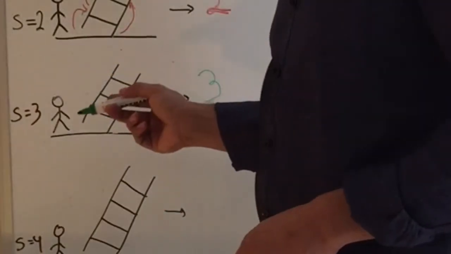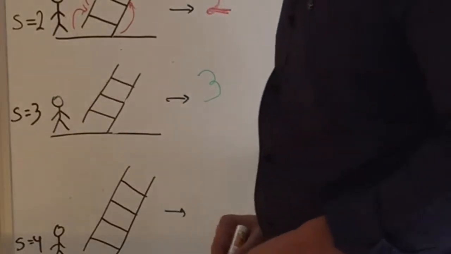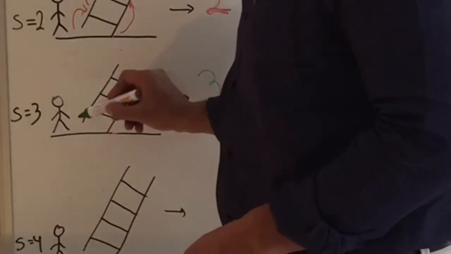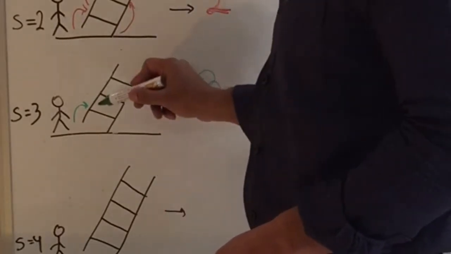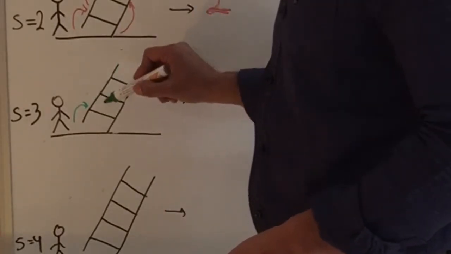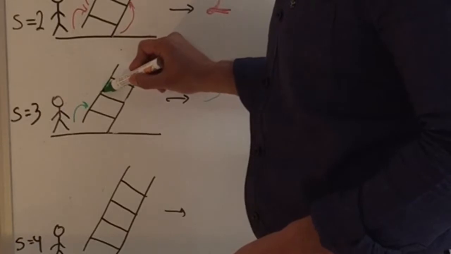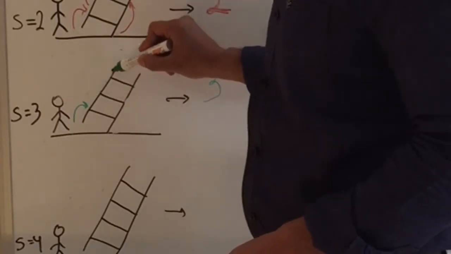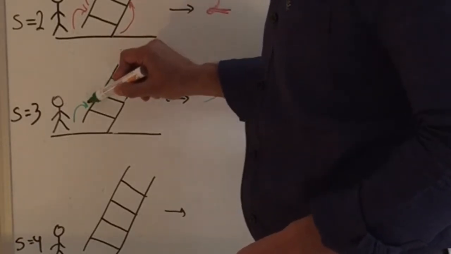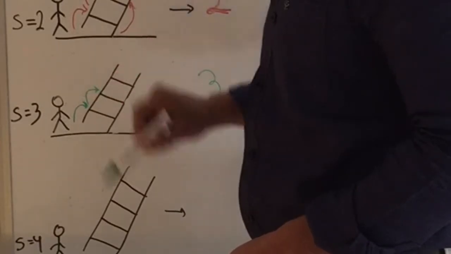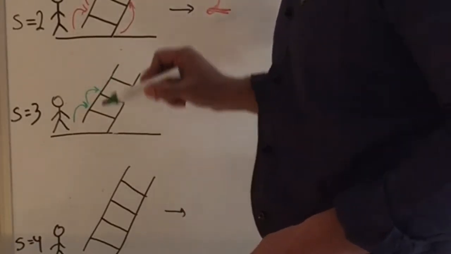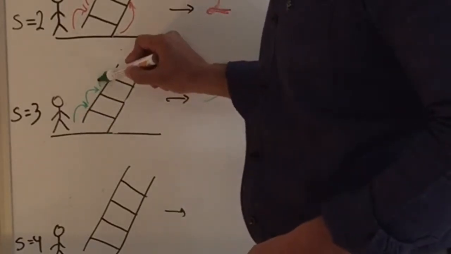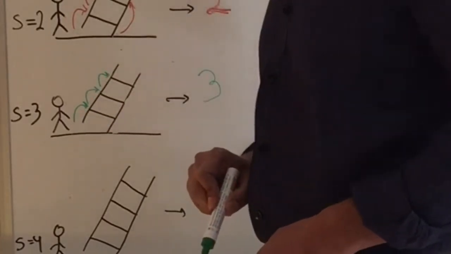Let's take a bigger example where s equal to 3. First, you decide to take 1 step from the ground, and from here you have 2 possibilities. Either you can jump to step 2 or step number 3. So you decide to take only 1 step, and from there is only 1 step left, so you can't take 2 steps, so you jump to step number 3.